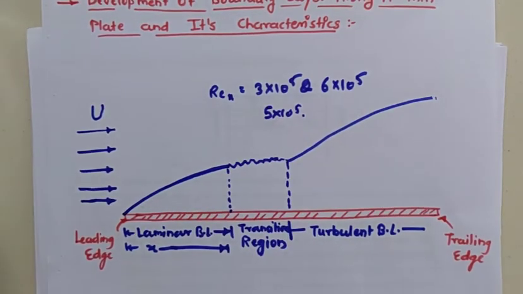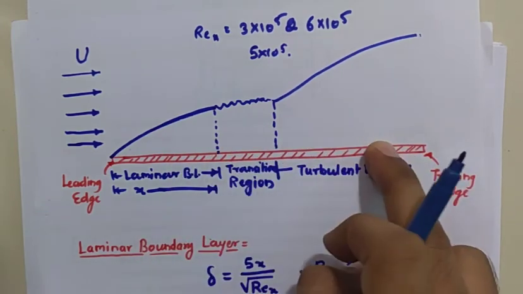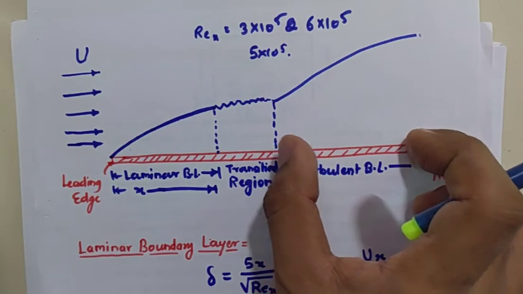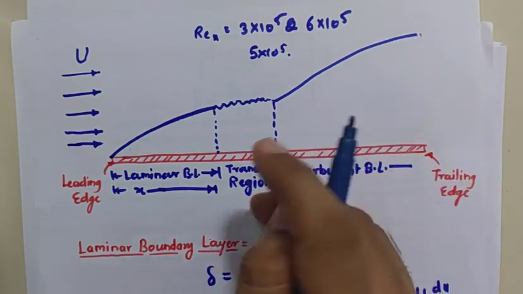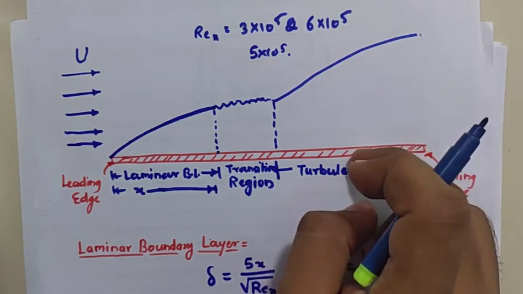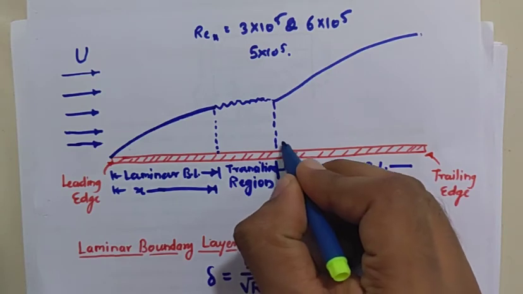And if the plate is very smooth, even in the zone of turbulent boundary layer, there exists a very thin layer immediately adjacent to the boundary in which the flow is laminar. This layer is known as laminar sublayer.